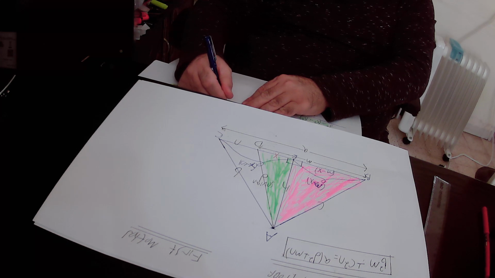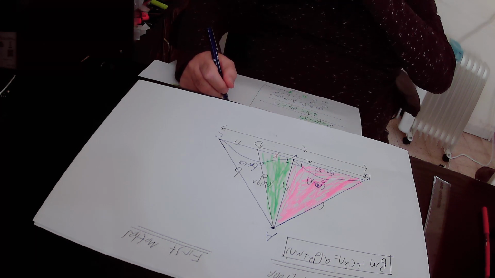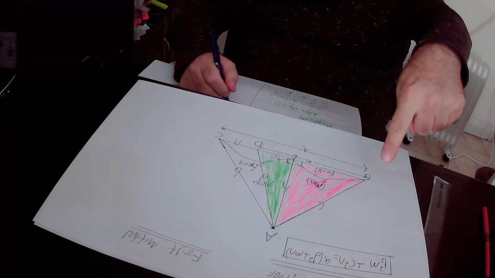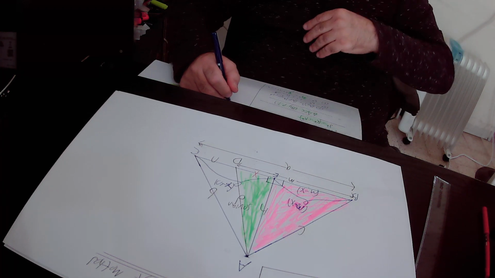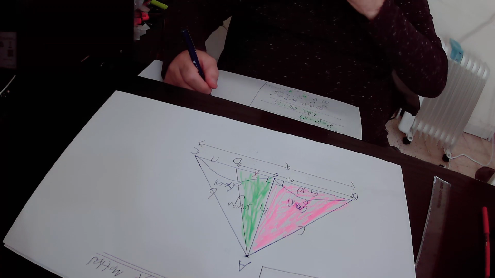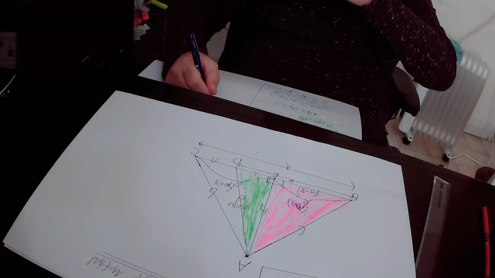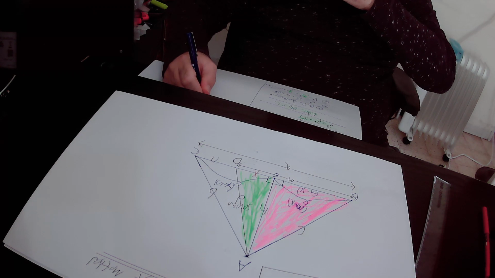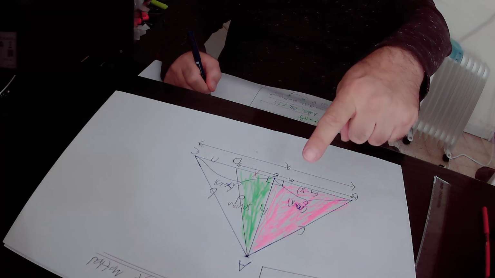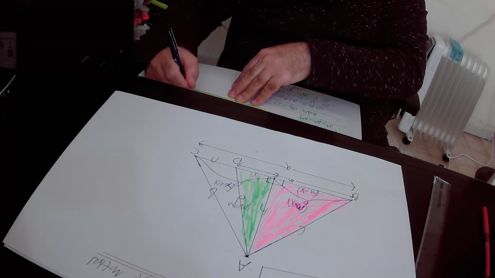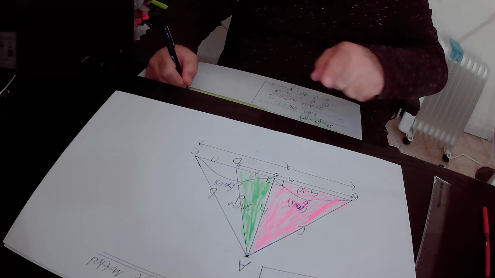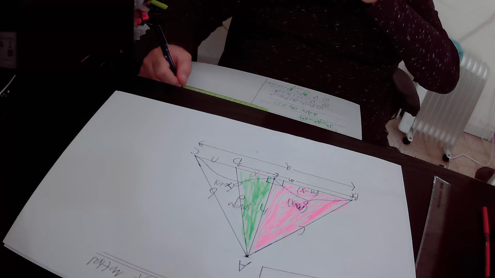By PT, we get that AB squared, the square of the hypotenuse AB, equals AE squared plus BE squared.